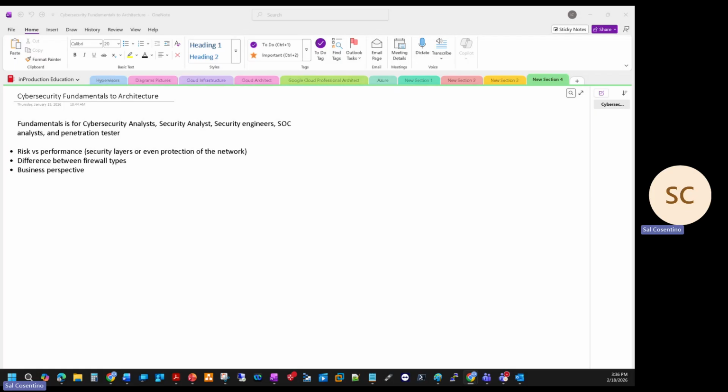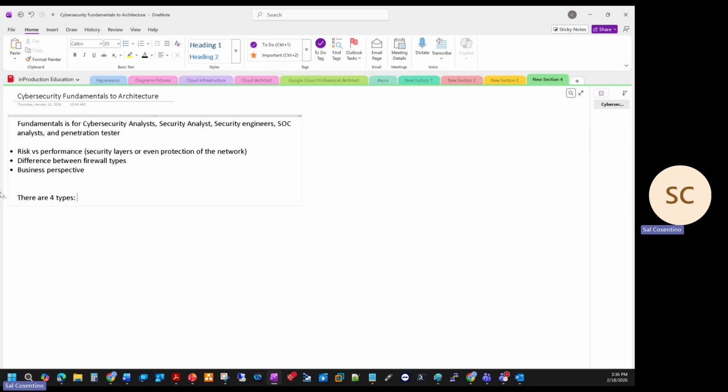There are different types, right? We're going to talk about four different types. The first type we're going to talk about, looking at the fundamentals, is the packet filtering firewalls.